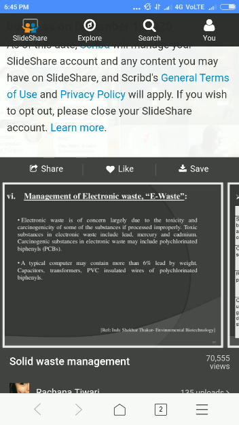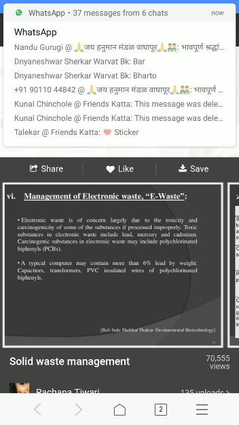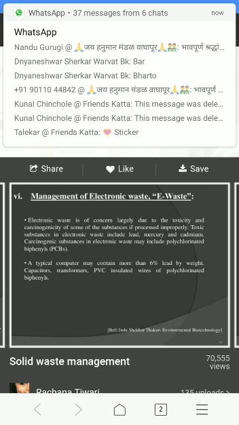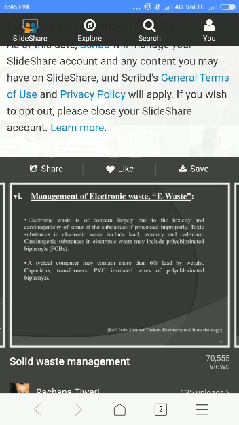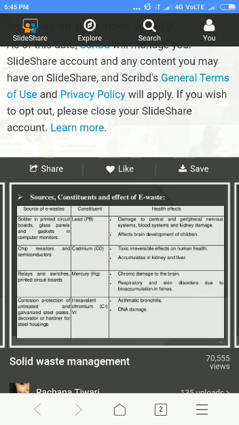Carcinogenic substances in electronic waste may include polychlorinated biphenyls also. A typical computer may contain more than 6% lead by weight. After that, transformers and PVC insulated wire with polychlorinated biphenyls are also included in these types of waste.